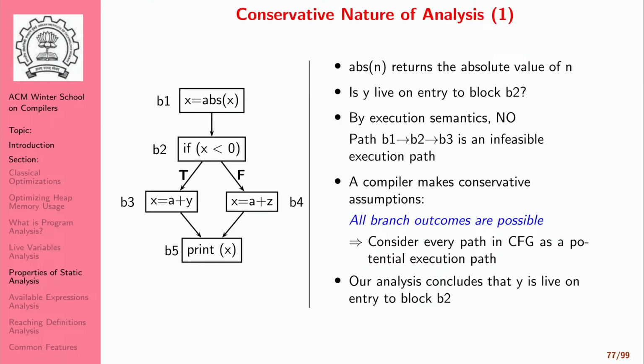In the presence of loops, path sensitive analysis is infeasible, because you have infinitely many paths. Practically, people rarely do path sensitive analysis, but it's not never. Sometimes they do. There are situations where path sensitive analysis is useful.